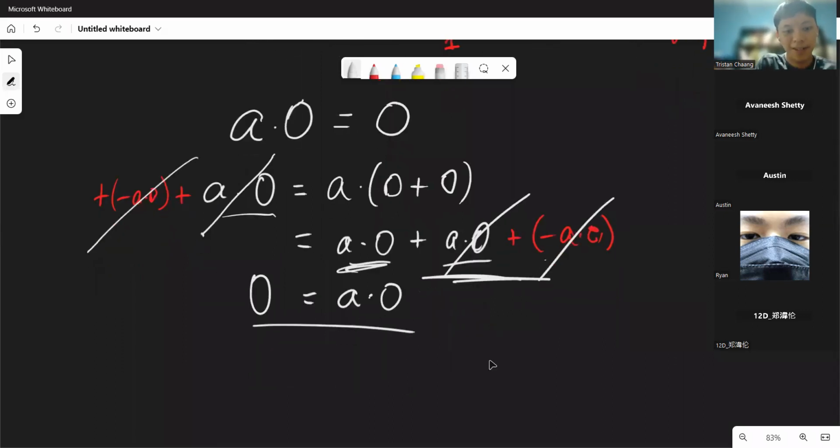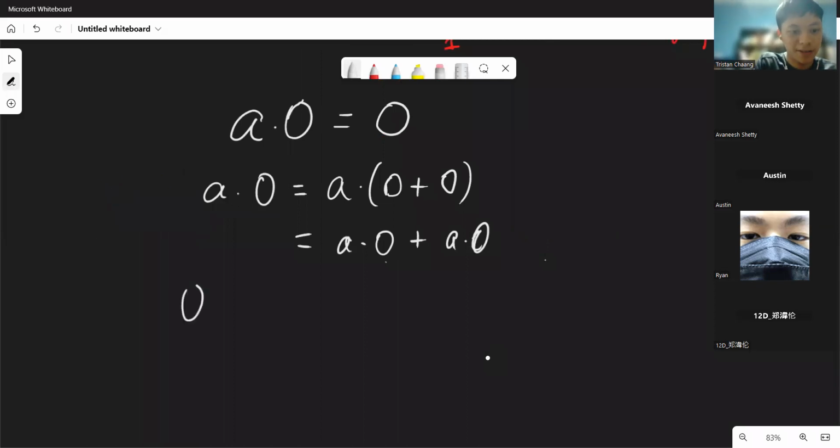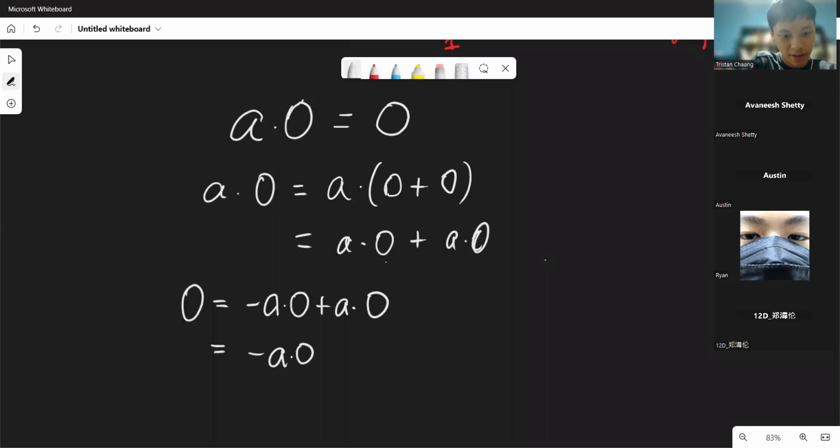Okay, you might not be convinced about the action of adding something on both sides. If you're not convinced, I can also write it like that. I can write it as 0 equals minus A dot 0 plus A dot 0 equals minus A dot 0 plus, remember this thing is equal to A dot 0 plus A dot 0 by the equality above.